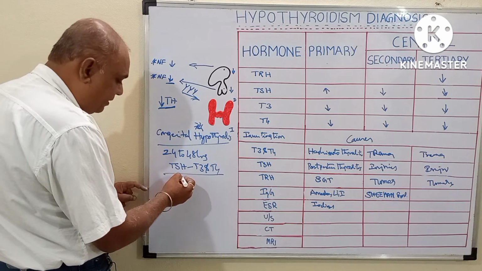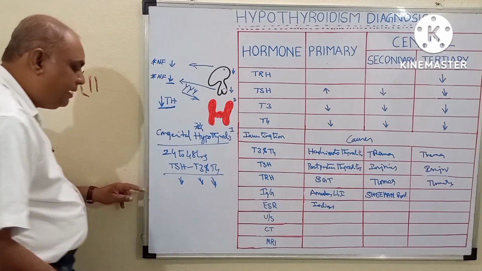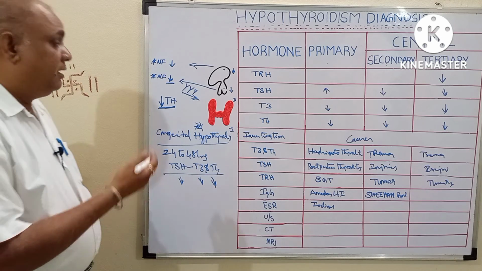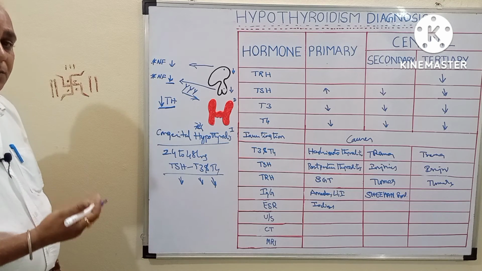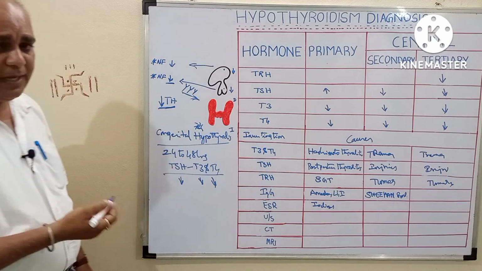If these levels are low, it can be diagnosed as hypothyroidism in the baby, that is, congenital hypothyroidism.